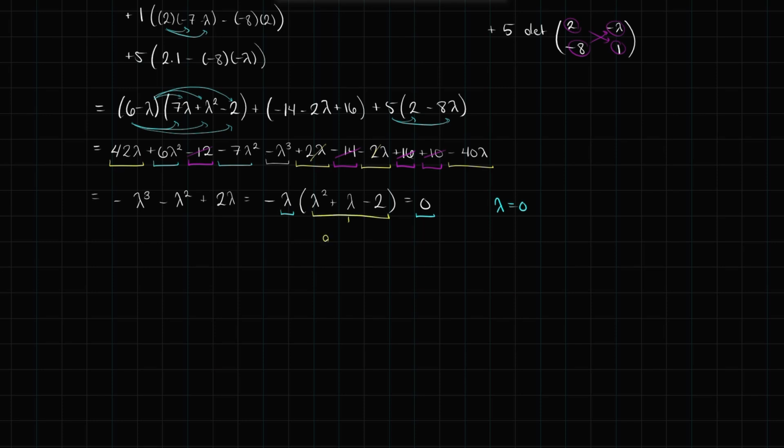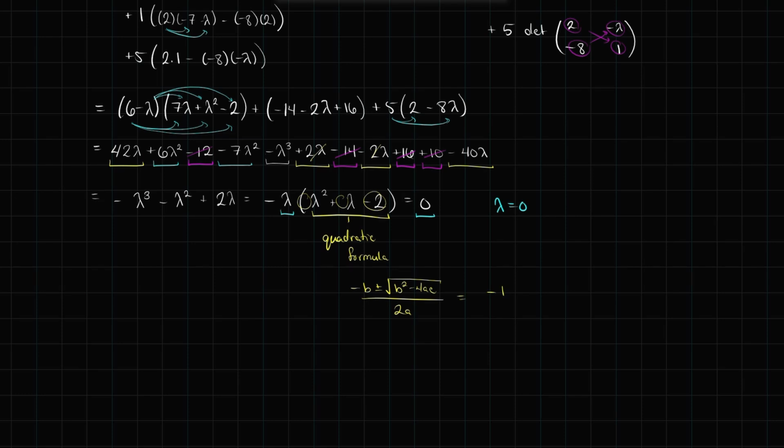And check my quadratic formula, which is going to give me negative b plus or minus the square root of b squared minus 4ac all over 2a, where it looks like a is 1, b is 1, and c is -2.